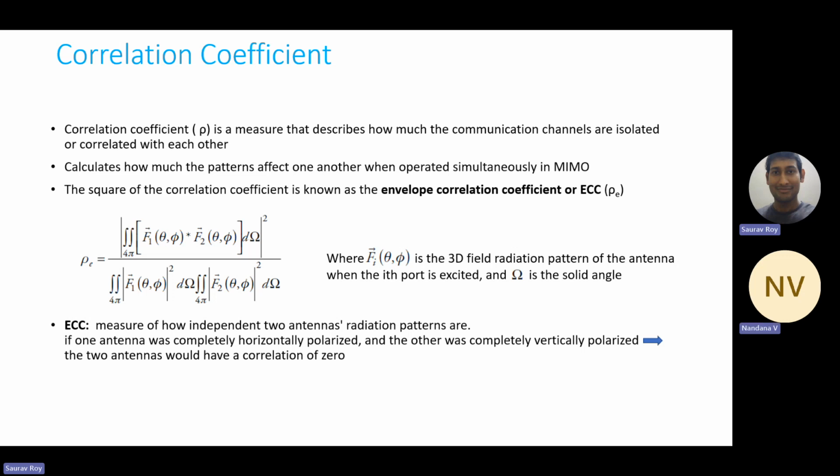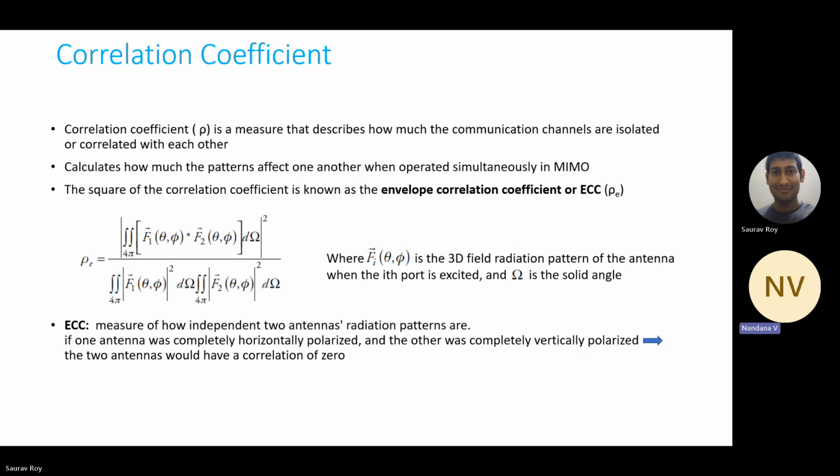You understand, right? See how polarization is also important. If one antenna presents its radiation pattern in the E plane and the other antenna in the H plane, obviously they will be completely orthogonal. They will not have any effect on each other, so they will have a correlation of 0. That is what we generally want. We want to reduce the correlation, or ECC, as much as possible.